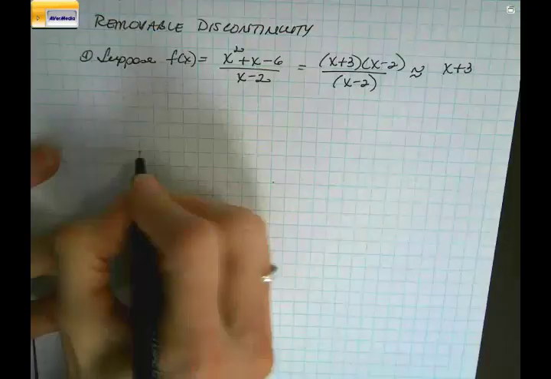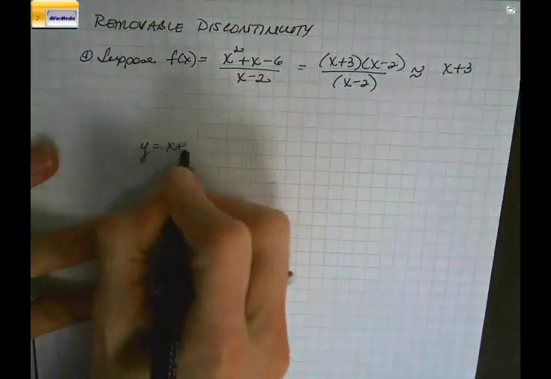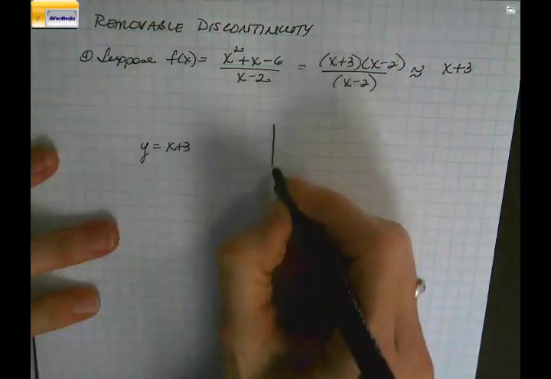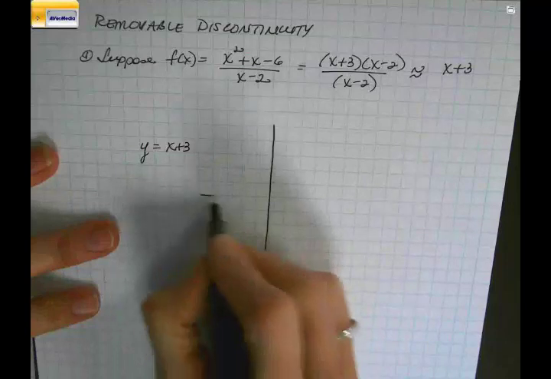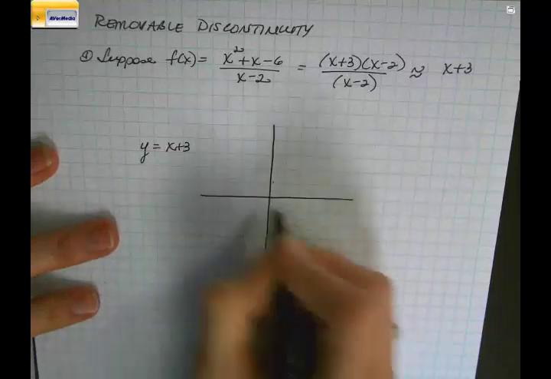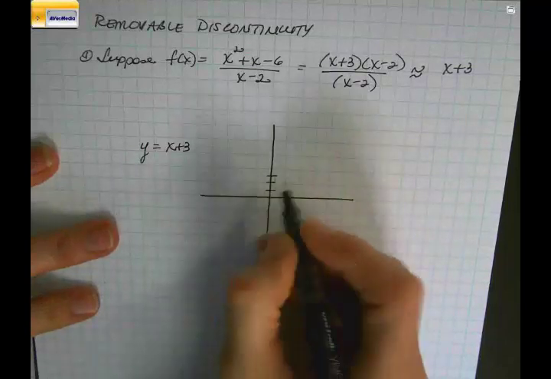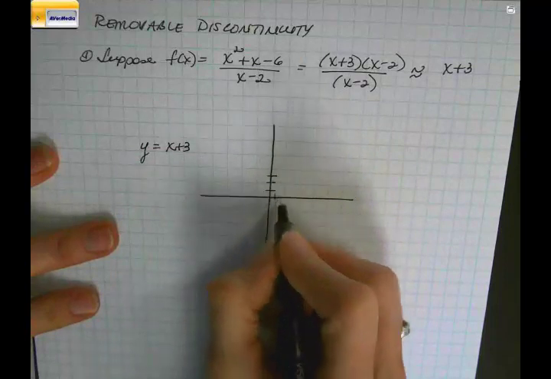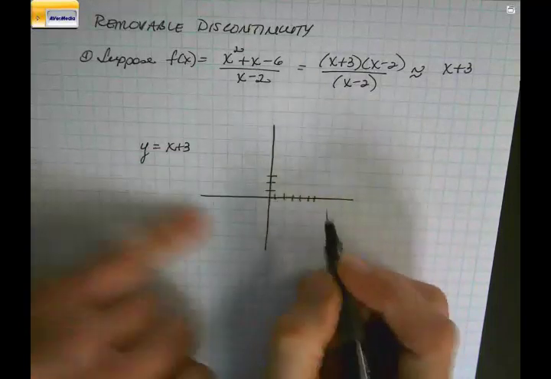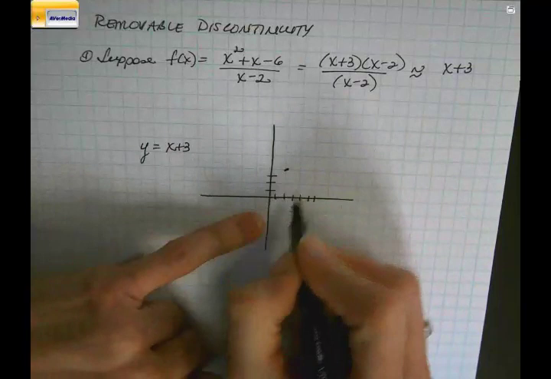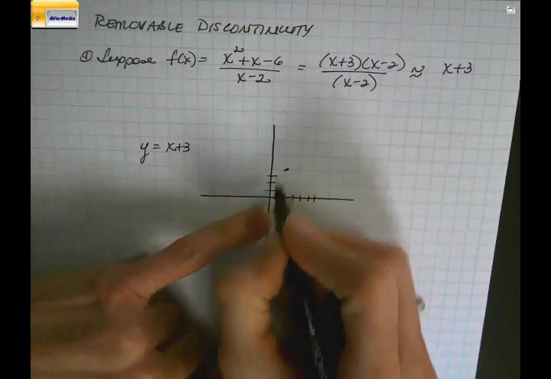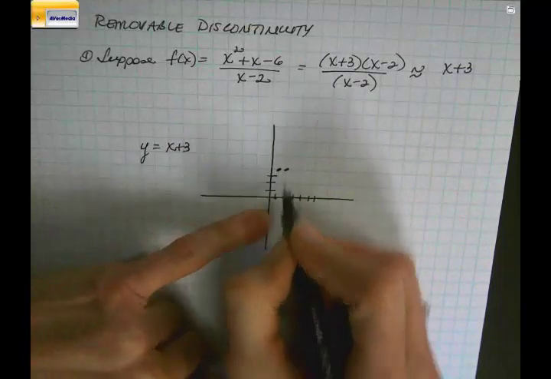So if I were to graph y equaling x plus 3, one, two, three, 1, 2, 3, 4, 5, 6. When x is 1, we're up 4. When x is 2, we're up 5.